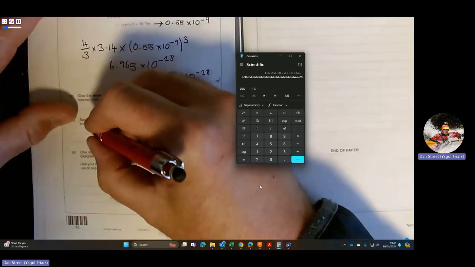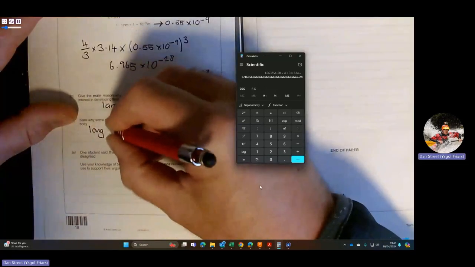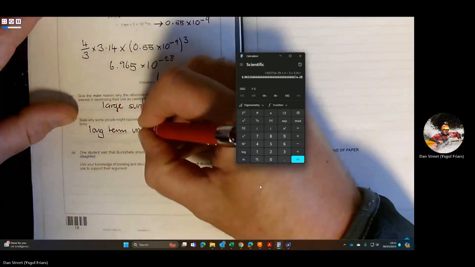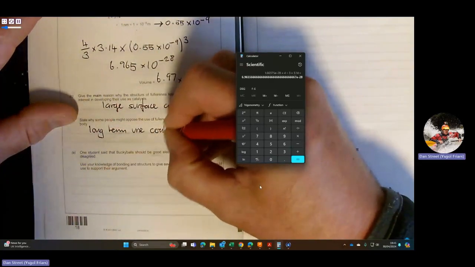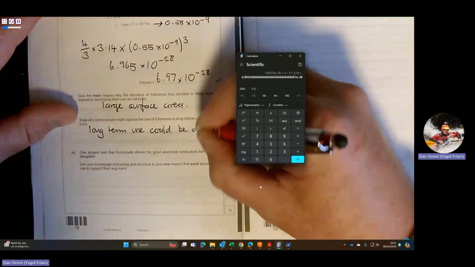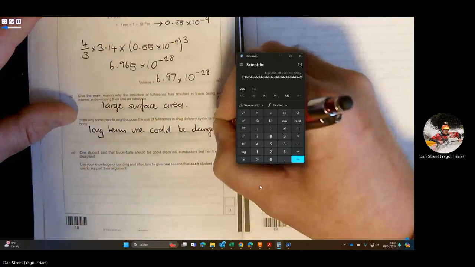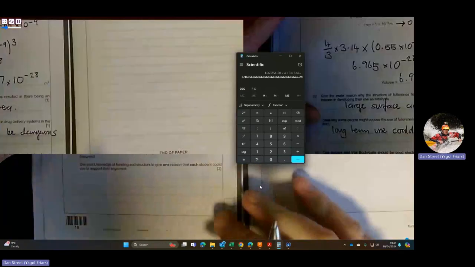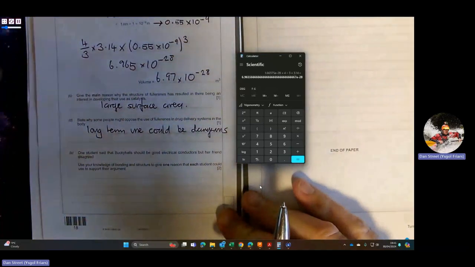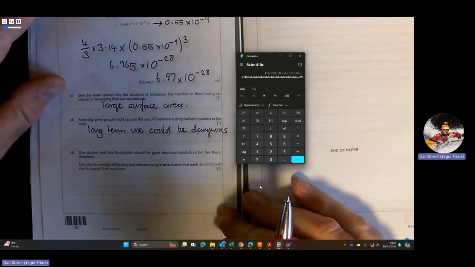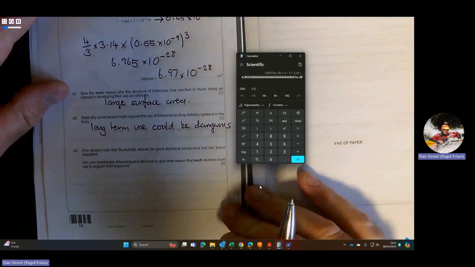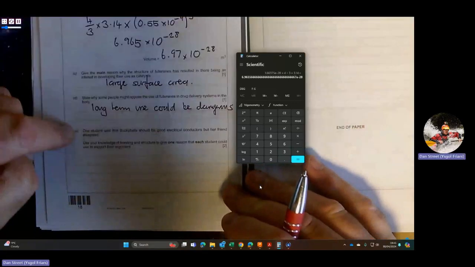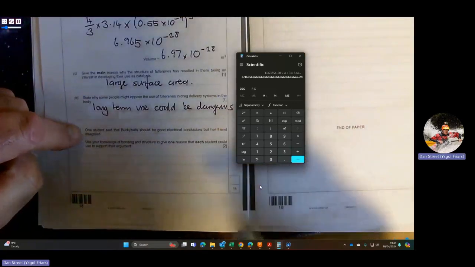Okay, so long-term use could, we don't know for certain, be dangerous. Okay, so the studies, because they're new materials, it's possible that we need to use them a bit longer before we can be sure of their efficacy or the lack of issues.